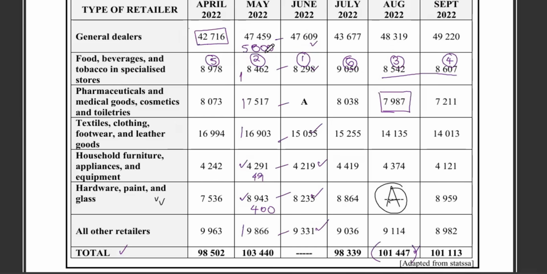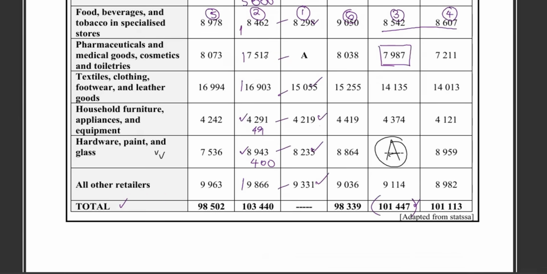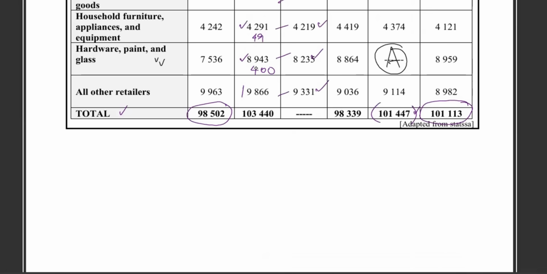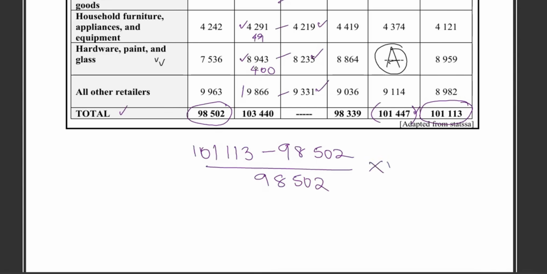Total retail sales. Remember, they are all retail sales. So the difference is going to be the September money minus the April money, but we are looking at the totals, divided by the April total, then multiplied by 100. That's what we are looking at.